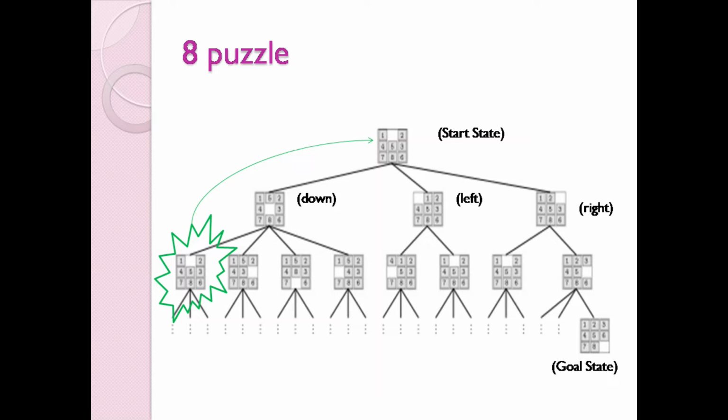But when you look at the first one that I have marked with the green lines, if I move this empty space up, then it goes back to the root node level itself. The same state will occur, and the algorithm is going to be recursive. So if I avoid that, I can skip that one and proceed further.